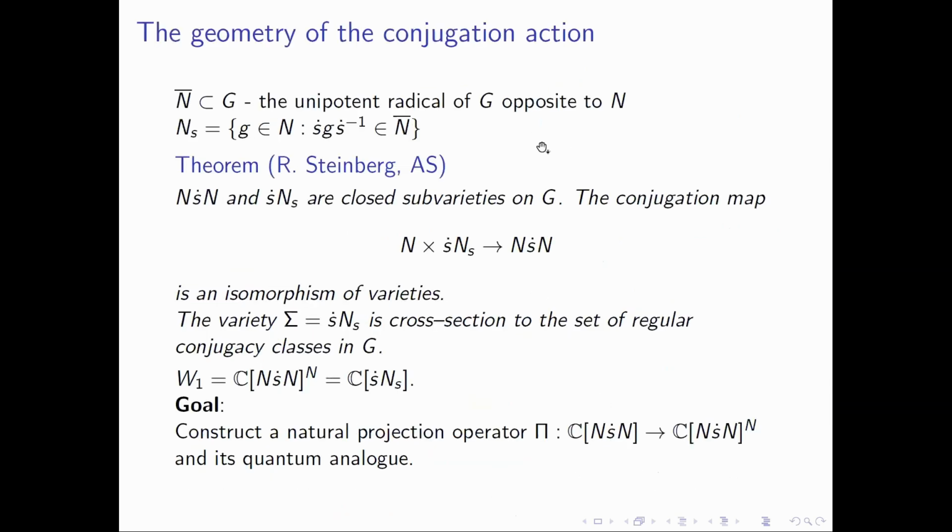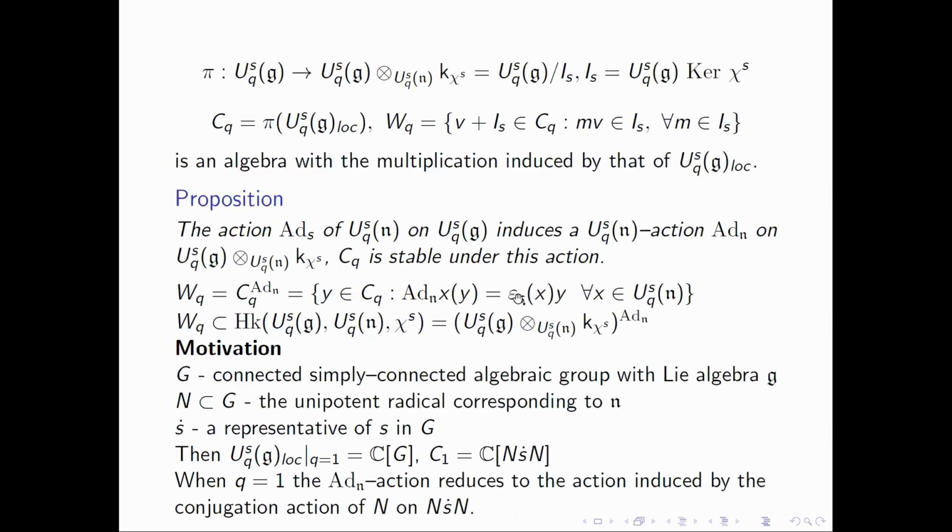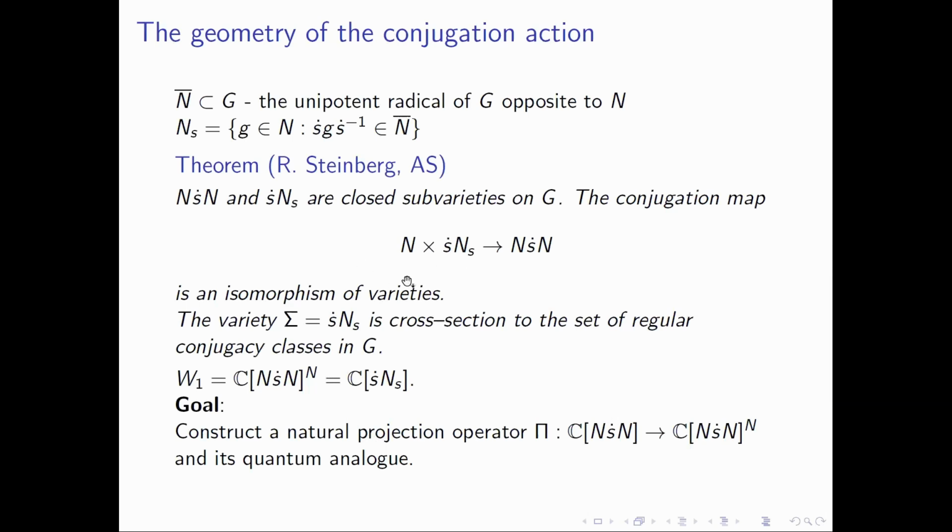So now, once we are interested in the invariants of this conjugation action, we have to look at the quotient. We have to look at the quotient of this variety N s N by the conjugation action of N. Well, the main result here is as follows. Let's consider the opposite unipotent radical of G, and let's consider the subgroup which consists of elements of N which are conjugated to this opposite unipotent radical by a representative of the Weyl group element s.